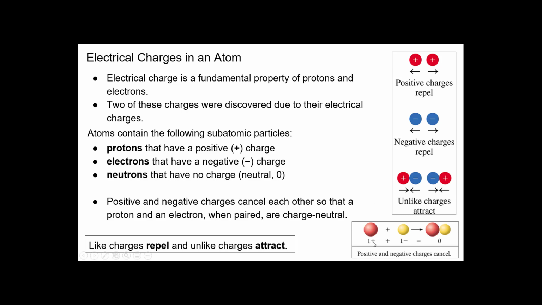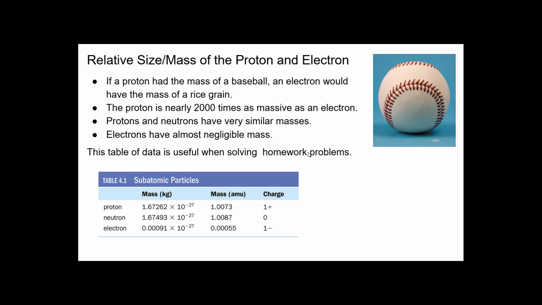So when we add them together, if we have a positive one and a negative one, so this is one proton, one electron, we have an overall balance of 0 and it's neutrally charged. If a proton had the mass of a baseball field, an electron would have a mass of a rice grain. So when we compare sizes, that's how big a proton is compared to an electron. That's why we don't consider the mass of an electron.